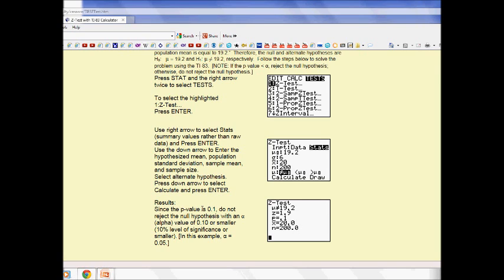All right, so the results, p of 0.1. Now remember from our example last time, we wanted a level of significance of 0.05. So alpha was 0.05. 0.05 is less than 0.1, so that means it doesn't fall within that critical region.